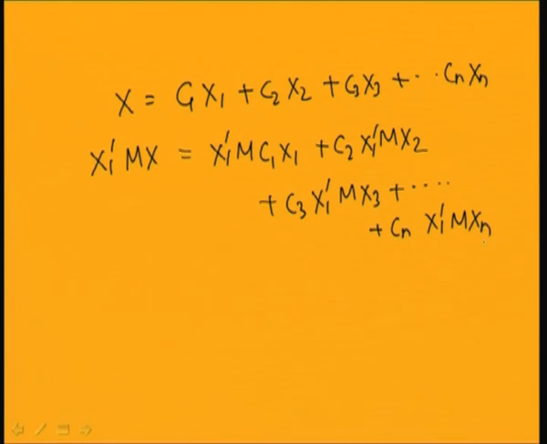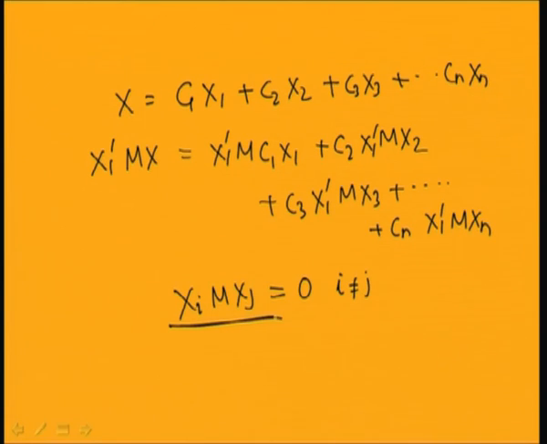From the orthogonality principle, you know xi dash m xj equal to 0 if i not equal to j.